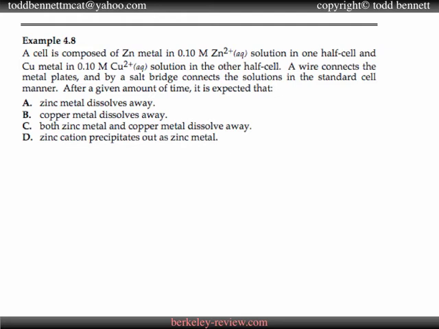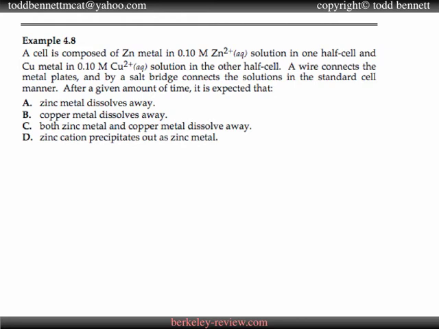So first off, let's follow the rules. Electrons flow from anode to cathode, so they could ask questions about the electron flow rate, the plating out rate, some sort of current related question. They didn't, so that rule didn't help us much. Second rule, anions migrate to the anode.